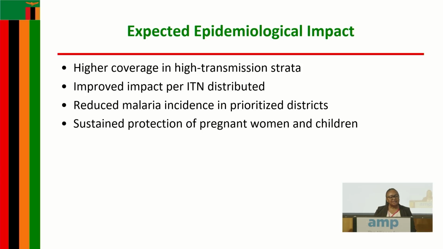So what then is our expected epidemiological impact? We expect to have high coverage in high transmission strata. We've come to realize that with the available funding, we need to get the highest epidemiological impact. We also want to have an improved impact per ITN distributed and reduce malaria incidence in prioritized districts.